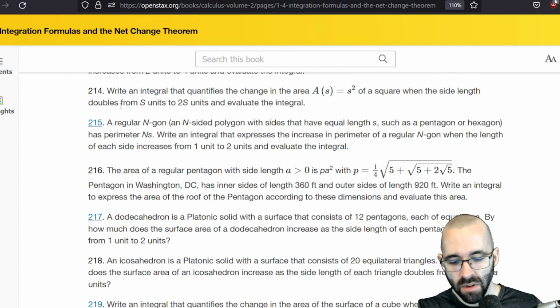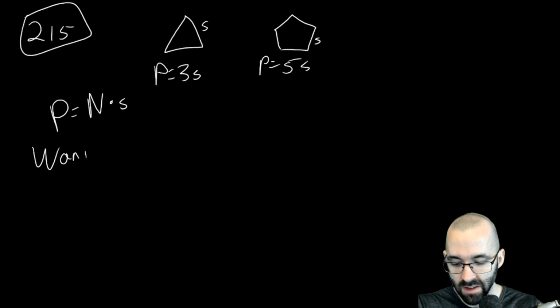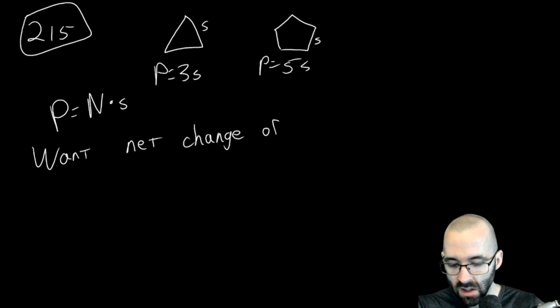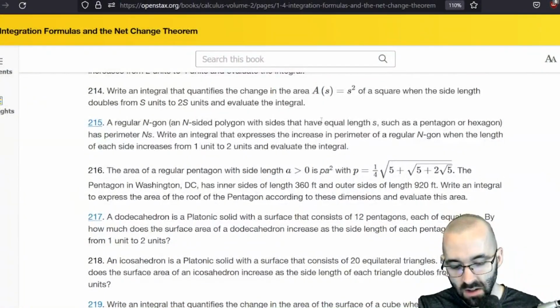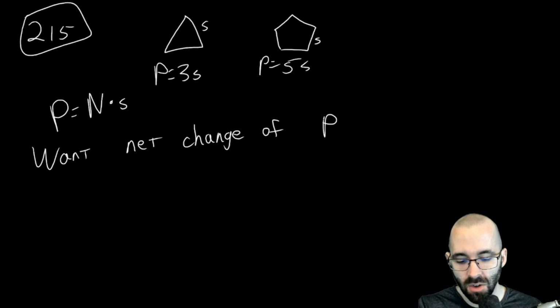Write an integral that expresses the increase in perimeter. So we want to know how the perimeter increases. We want to know the net change of the perimeter. What net change of P when the length of each side increases from 1 unit to 2 units, and evaluate the integral.